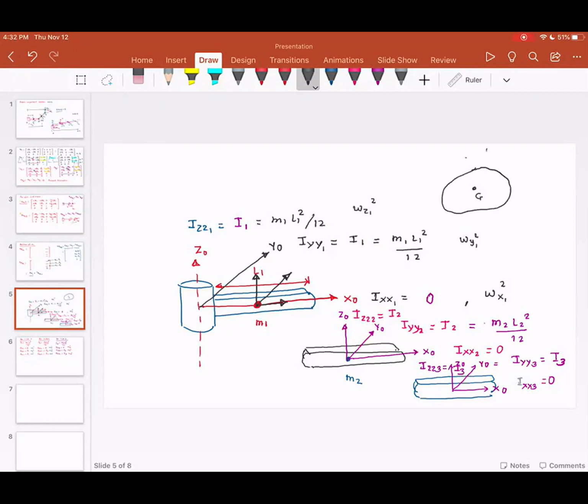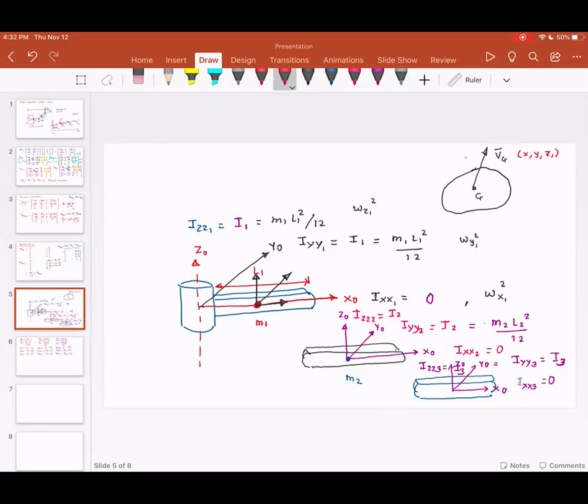The center of mass is going to have a velocity, which I'm going to call Vg. Velocity is a vector. In other words, it will have 3 components: a component in x direction, in y direction, and in z direction.